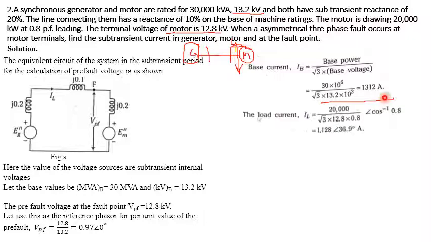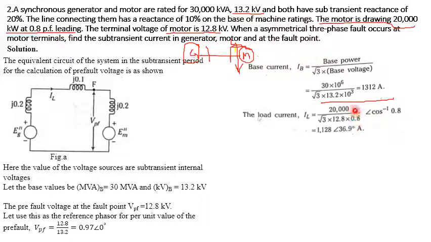Then we have to calculate the actual value of the current which is flowing in the motor. The motor is drawing power at 20,000 kilowatt at 0.8 power factor leading, and the voltage is 12.8 kV. So it is 20,000 divided by root 3 times 12.8 kV times 0.8.